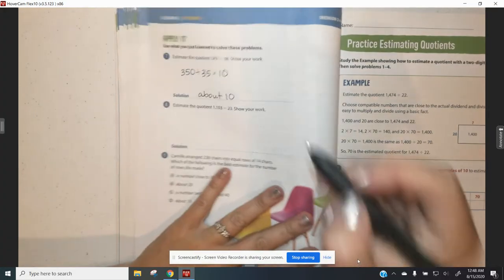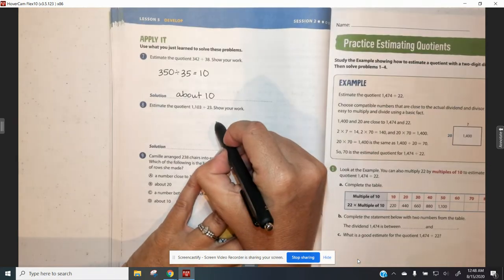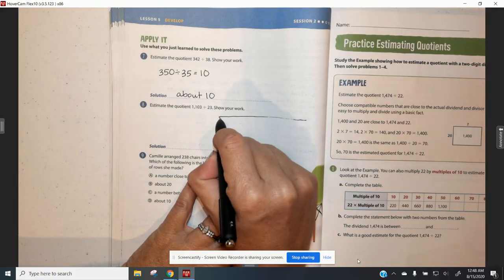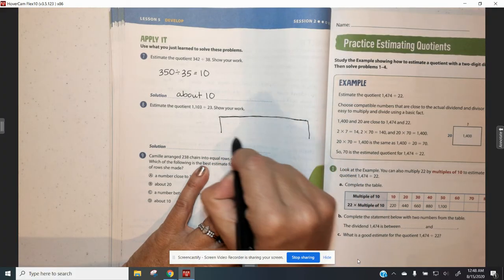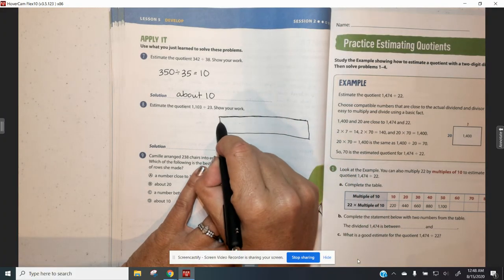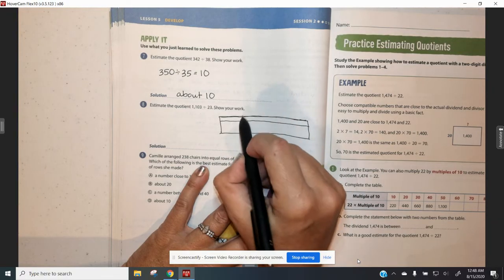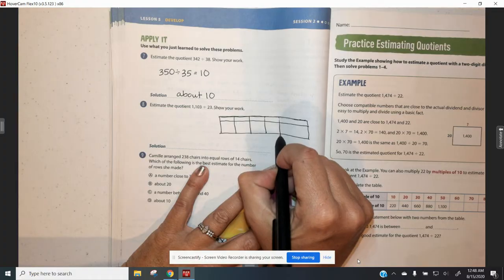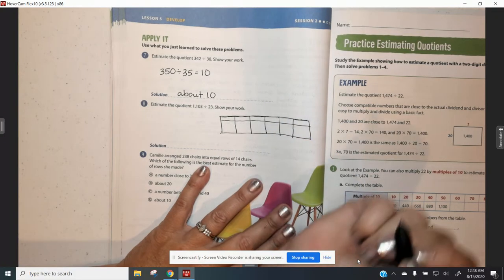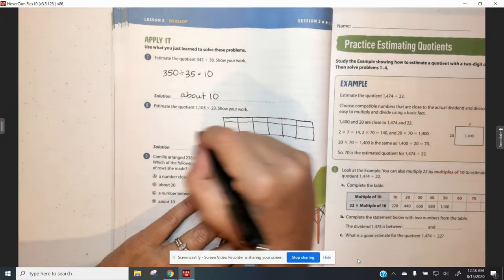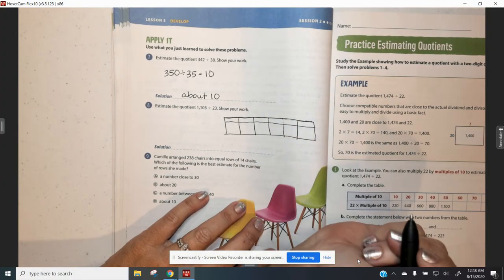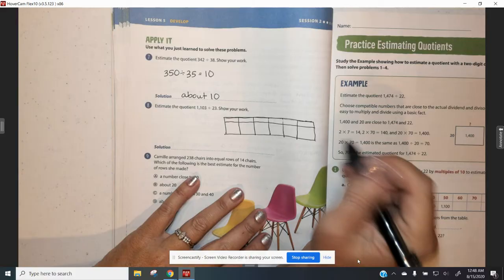So for number 8, I'm going to go ahead and make it. You just draw a big long rectangle. And then you make one small box, and then you just make a few boxes. You don't usually need too many. Sometimes you're going to go all the way over to 100, but today I don't think we're going to get quite that high.